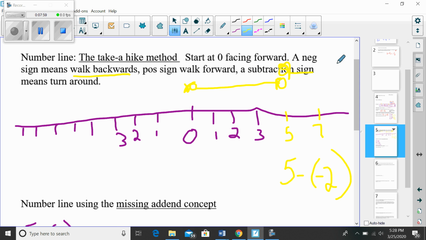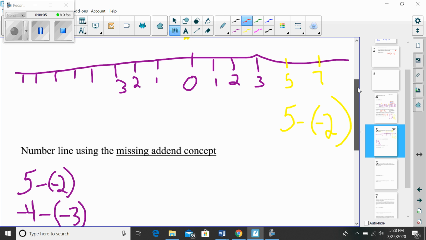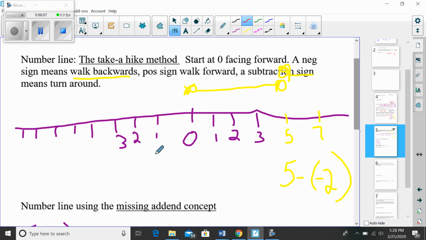All right, so let me switch colors and we'll take a look at a different example. So -4 minus -3, I'll do in red. Again, start at 0 facing forward. This time, walk backwards 4.